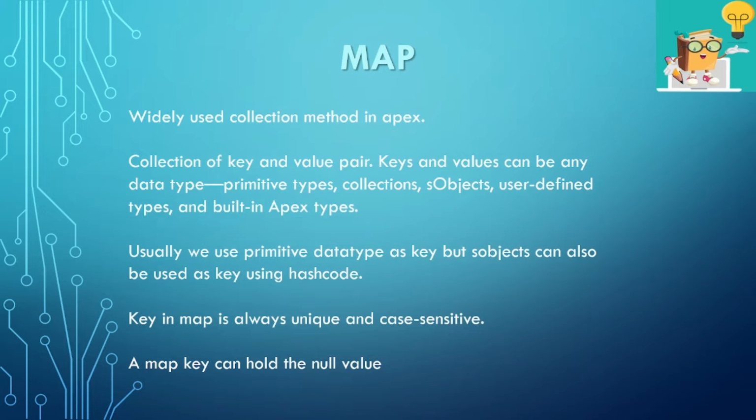Now usually to define a key we use primitive data types, but you can use SObjects as well in the key, with a slight twist where we need to use hash coding to make the SObject unique in nature to store as a key. We will see this hash coding when we work on advanced Apex. But for now, maps are key value pairs where keys are an indicator to the data in the collection.